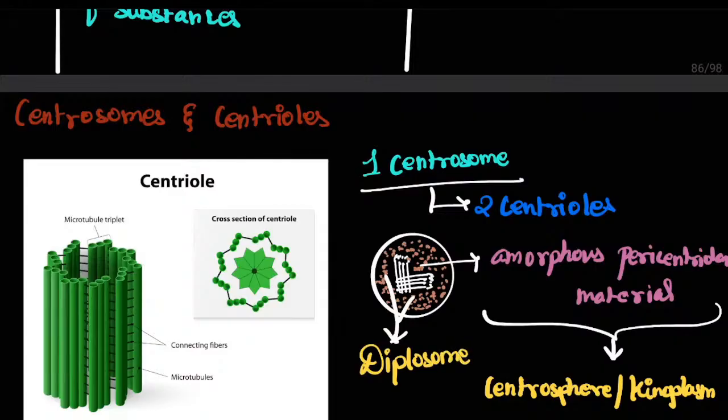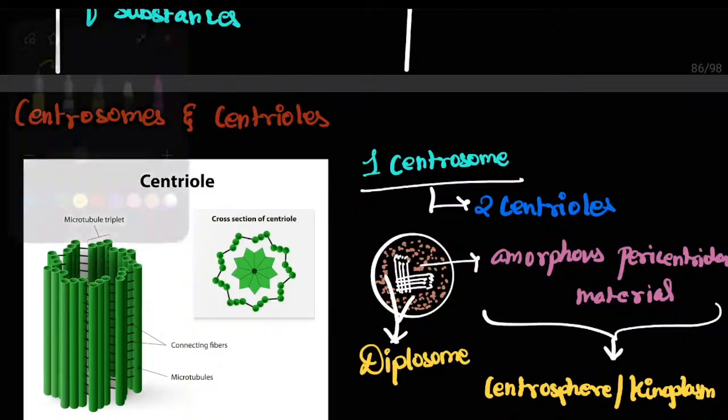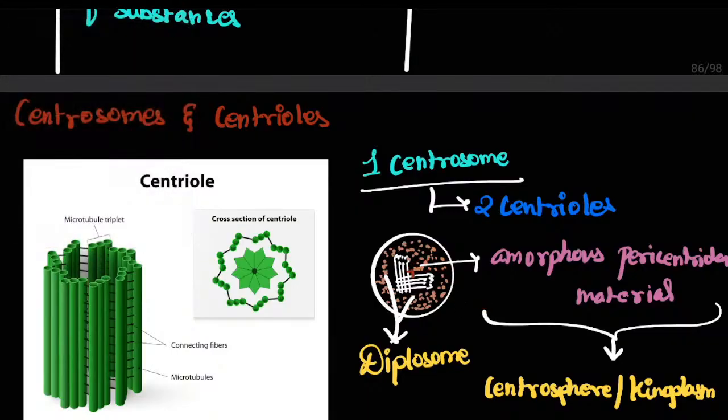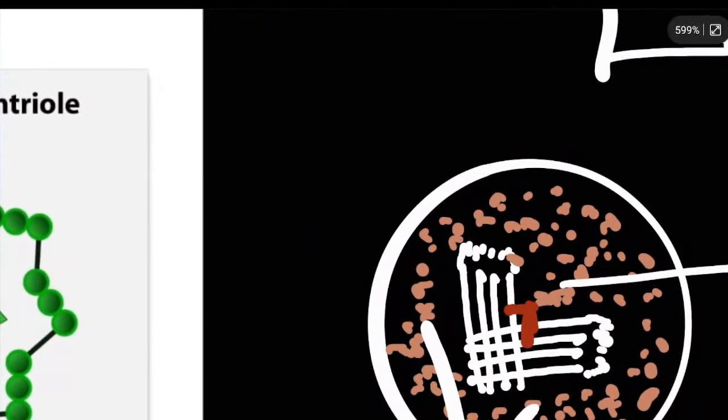These are localized in the centrosome at right angle to each other. That is also one more important question. They'll be at right angle to each other, so over here you can see it is a right angle.